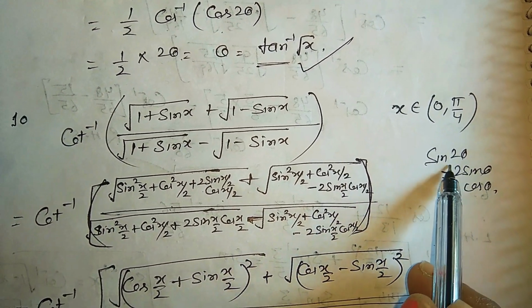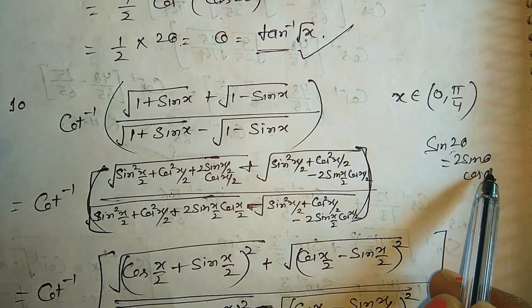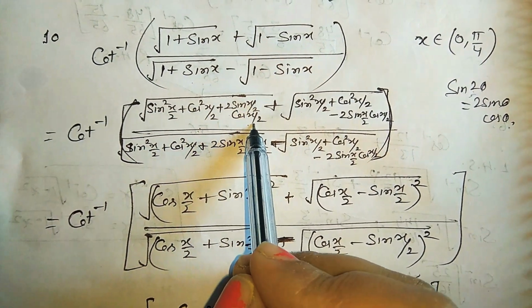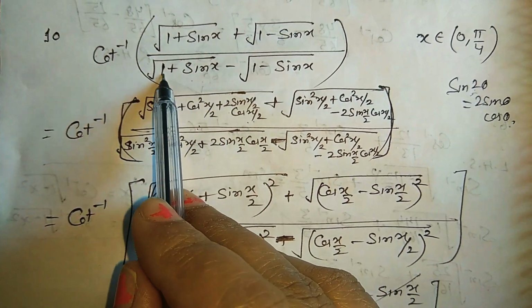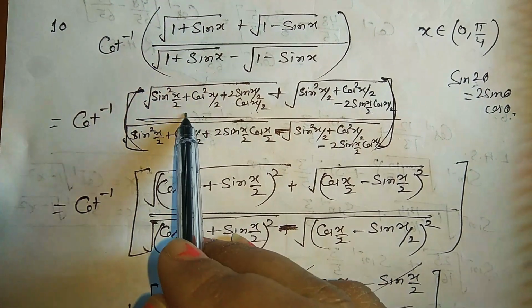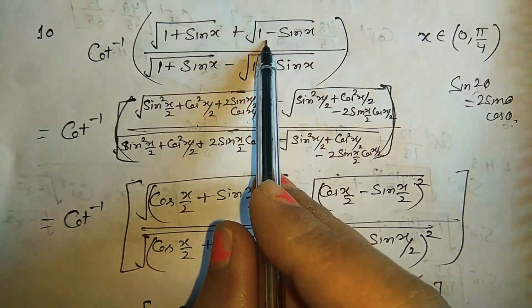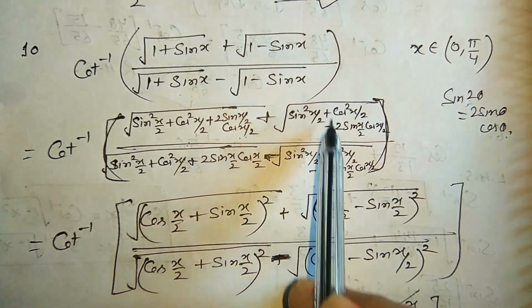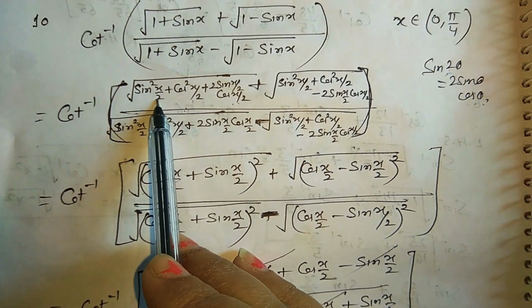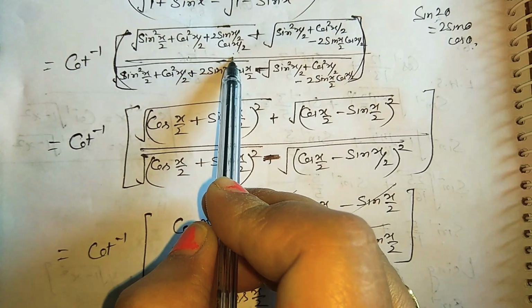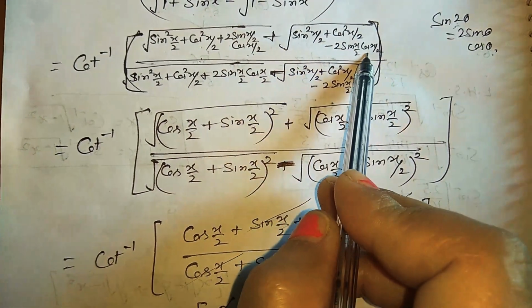So I am taking 2 theta as x, then it will be x by 2. So sin x is 2 sin x/2 cos x/2, and 1 as sin square x/2 plus cos square x/2. We know that sin square theta plus cos square theta is 1. Same in this and this. Then we check the formula a square plus b square plus 2ab, and a square plus b square minus 2ab.